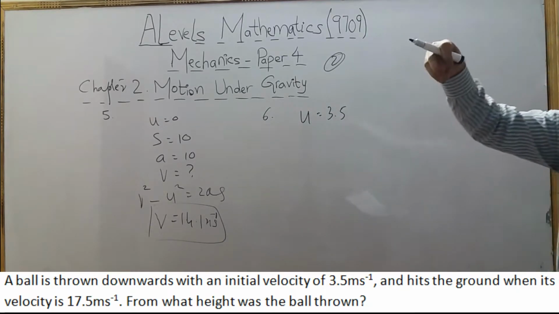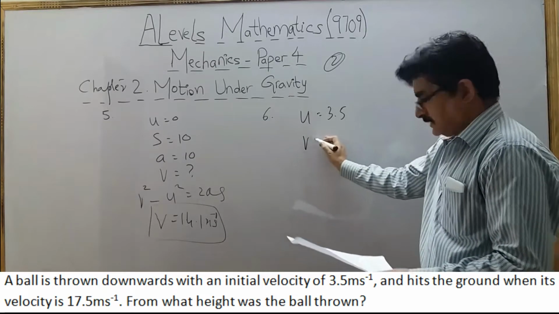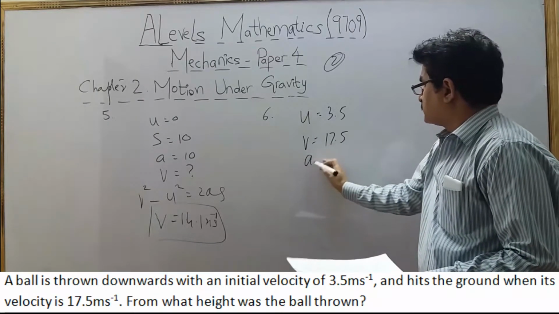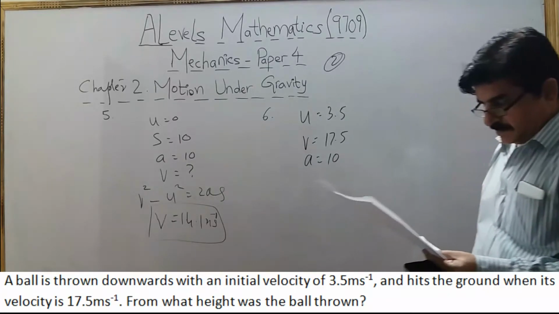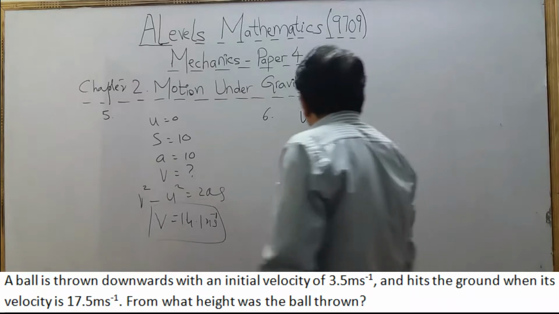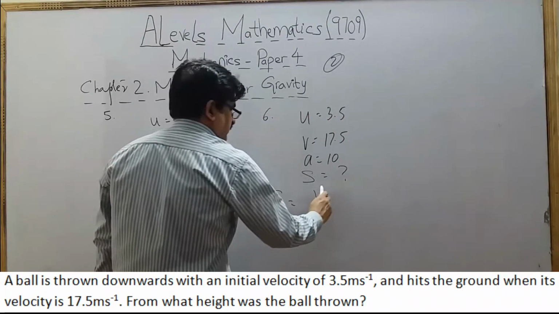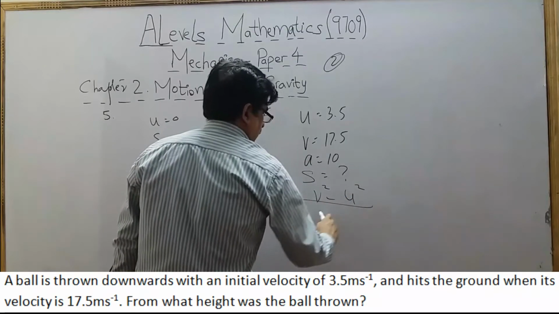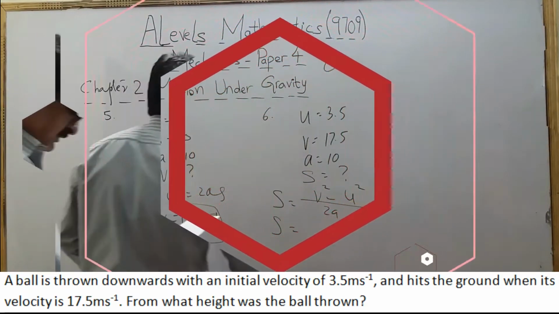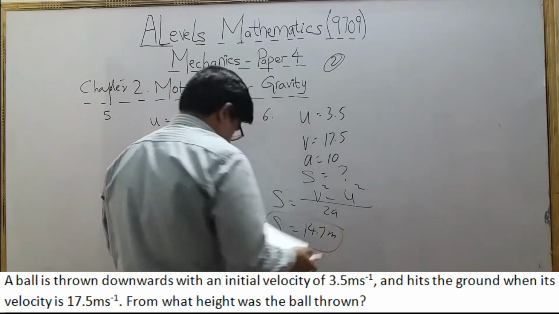So we may throw somebody from a height downward. It hits the ground when its velocity is, so final velocity is given, 17.5. So acceleration will be 10. Find from what height the ball was thrown. So you have to find s. Again you will apply the formula, s is equal to v square minus u square divided by 2a. Now you put in values and you will get the answer. It's 14.7 meter. This is the answer.